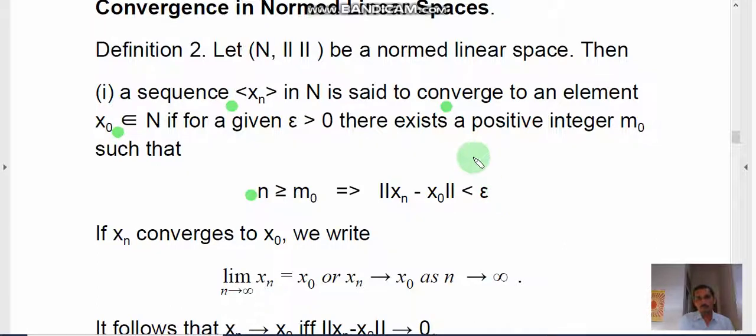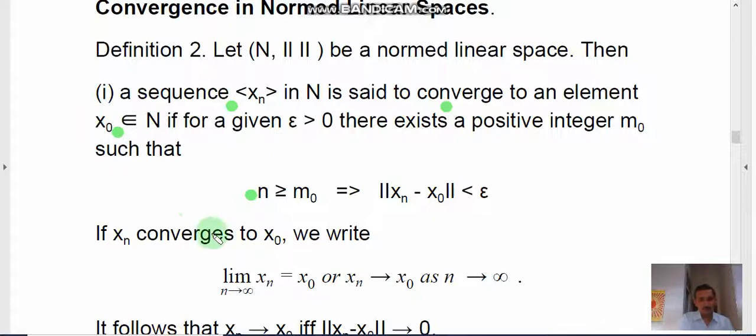So if for any epsilon we are able to find a positive integer m_0 such that for all natural numbers n greater than or equal to m_0 the norm of x_n minus x_0 is less than epsilon, then we will say that this sequence x_n converges to x_0.